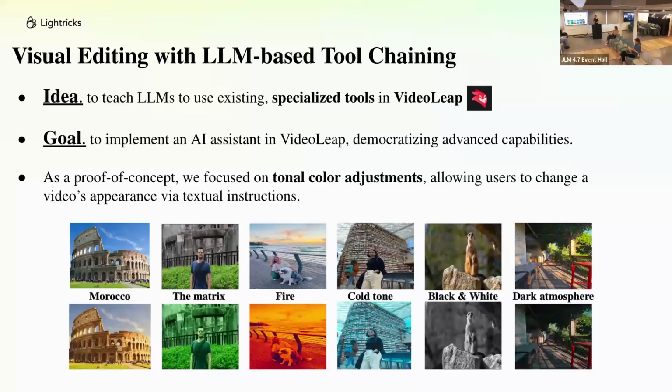So for example, for Morocco, you can see that it changed to have more warm hues, reflecting the Moroccan desert landscape. And for the Matrix, we can see more greenish and black, darker colors, reflecting the characteristics of the Matrix movie. Cold tone, for example, has more blue colors for the temperature.